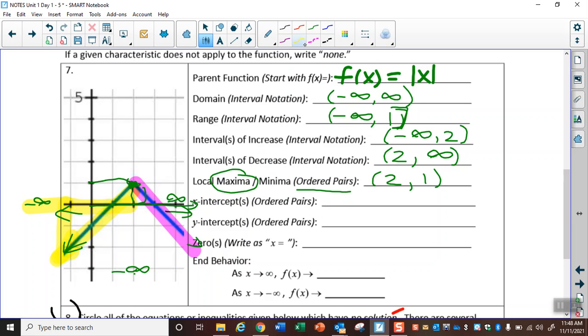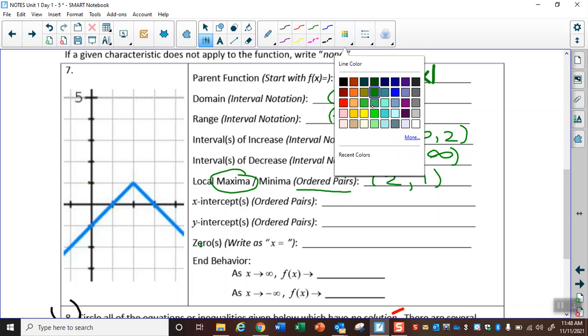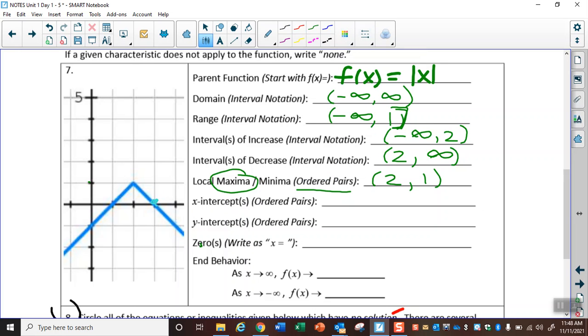All right, now my x-intercepts are going to be where it crosses the x-axis. So where does it cross the x-axis? Well, right here and right here.